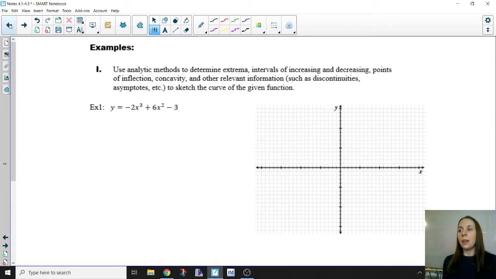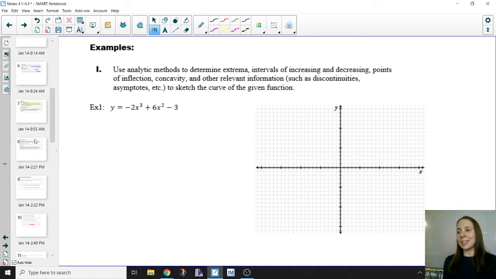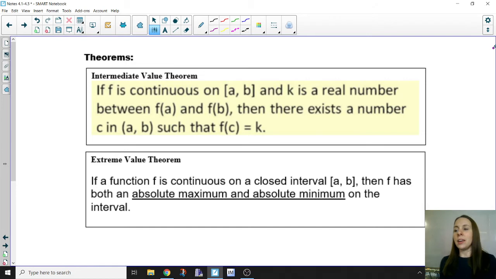I'm showing you that because we still have a ways to go before we get there. And what's standing in our way are theorems, corollaries, some other information, and discussing all of the different testing you could do with derivatives.